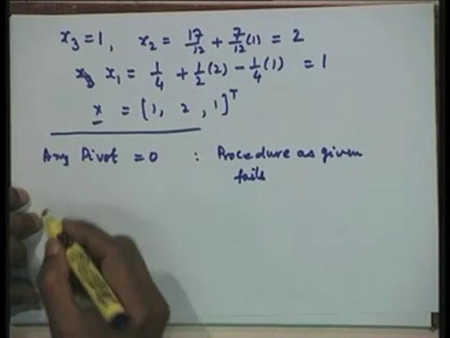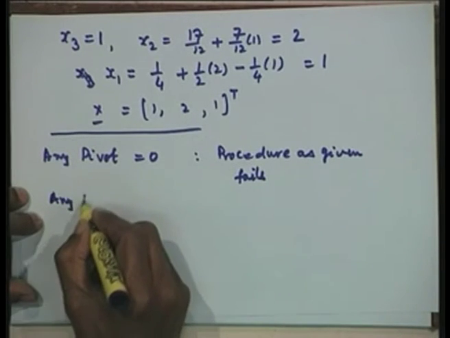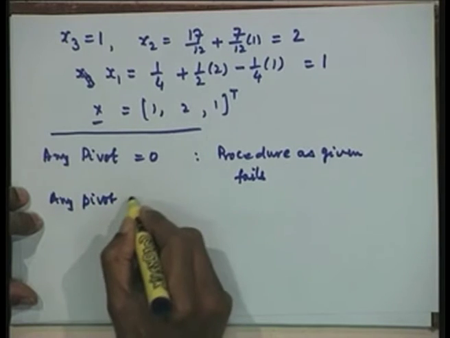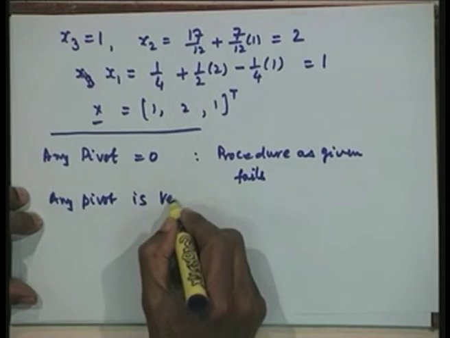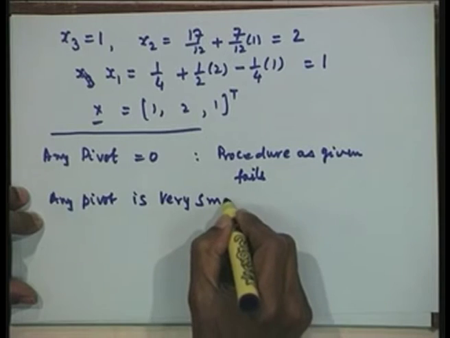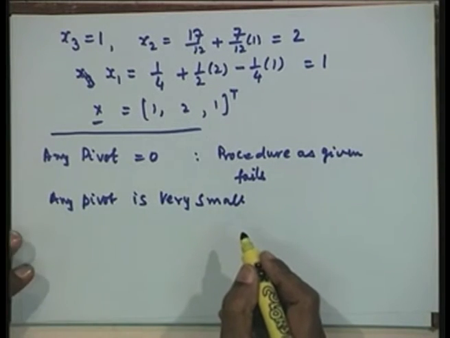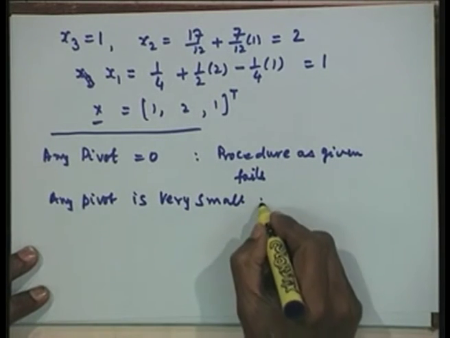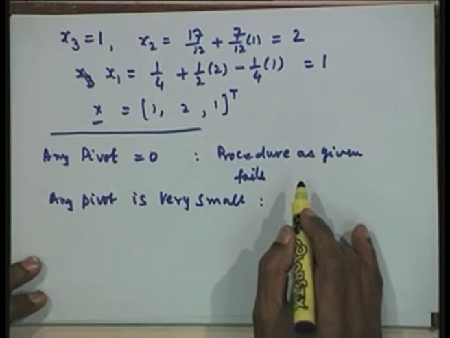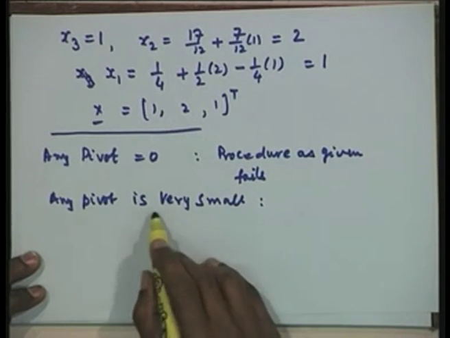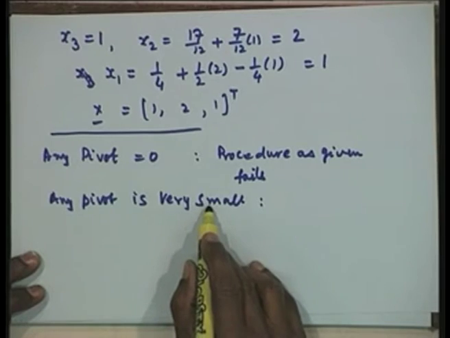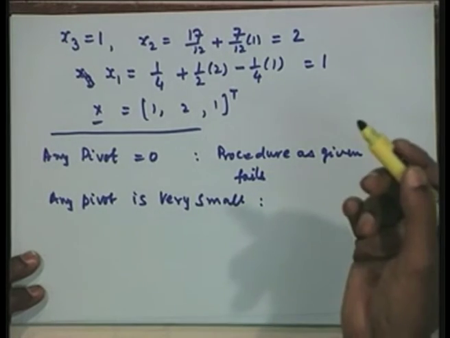Not only that, if any pivot is very small, then also we will have serious difficulties in the solution, because when you are dividing by a very small number, that means we are multiplying by a very large number.